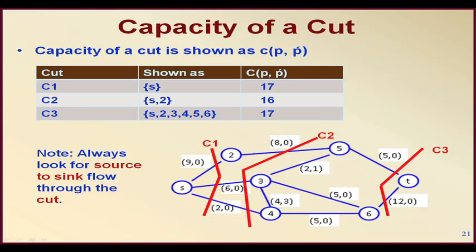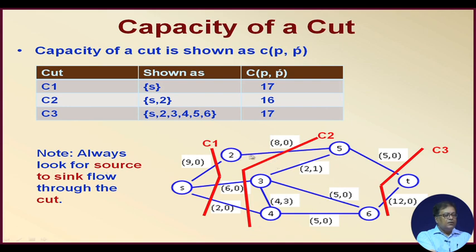Here, look at this example, there are 3 cuts C1, C2 and C3. What would be their capacities? If you look at C1, it is very simple, S is on one side and the rest of the nodes on the other side. So, it should be 9 plus 6 plus 2, 17, no problem. When it comes to C2, it separates this and this.